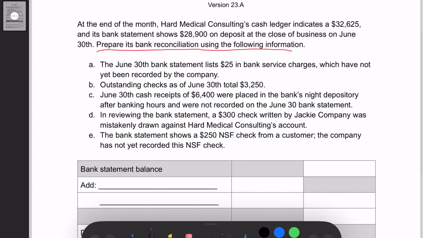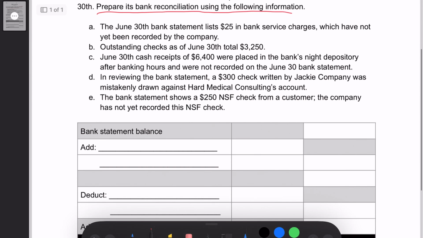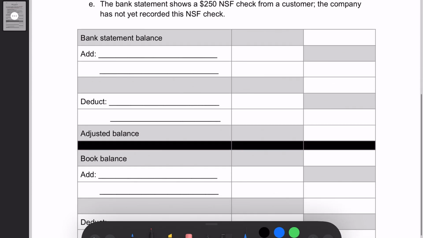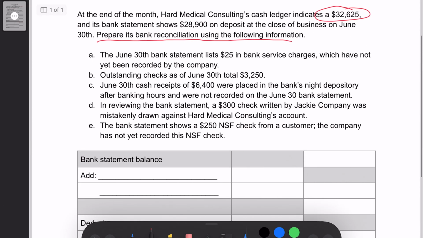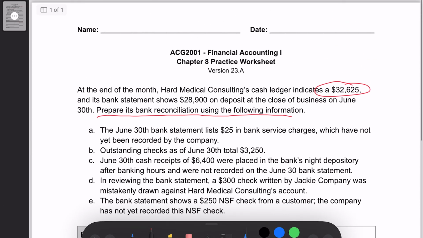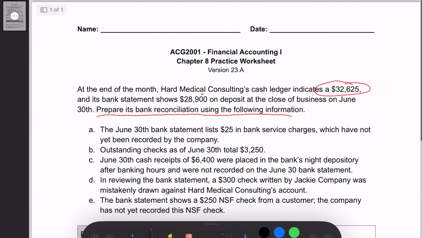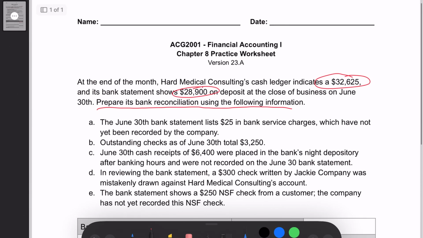So before we get started with A through E, what information do we have? We have the cash ledger balance of $32,625. So that's going to be our beginning book balance that we list here. Additionally, we have what's showing in our bank statement of $28,900.